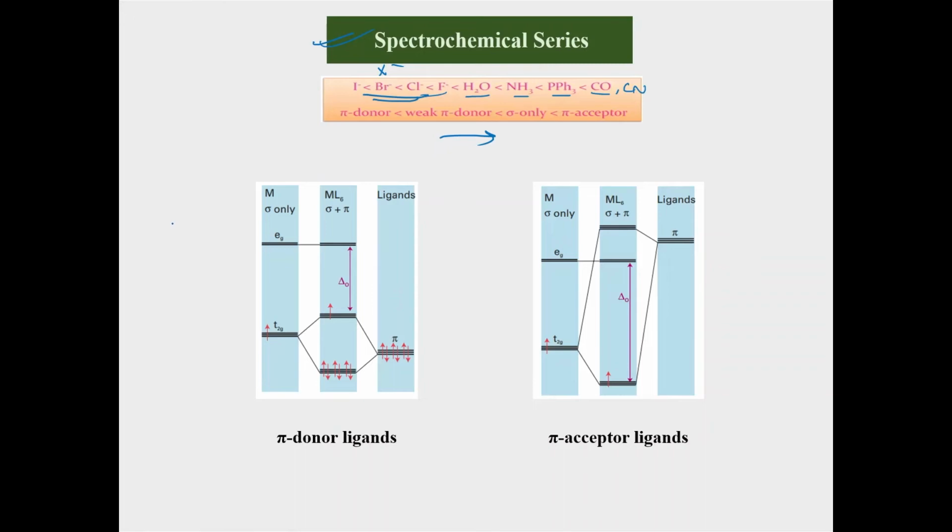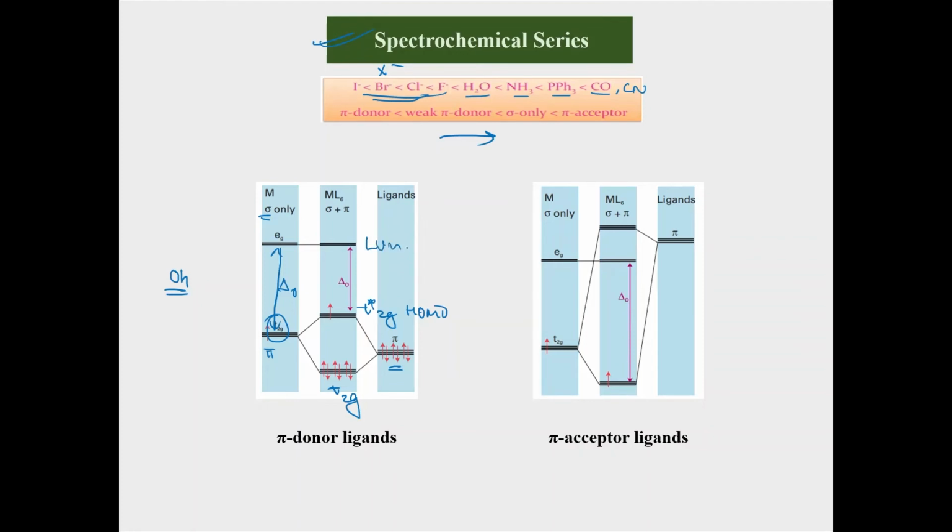Now if we have a ligand which only interacts through sigma type orbitals, then in an octahedral crystal field it splits the degenerate d orbitals into T2g and Eg, and the difference between these two is delta O. Whereas if we have a halide ligand, because of their filled pi orbitals, they are low lying in energy, and this pi orbital of the ligand and the T2g orbital of the metal, because of its pi character, interact with each other, resulting in bonding T2g and antibonding T2g* sets of orbitals. Since Eg does not have pi character, it remains the same in energy.